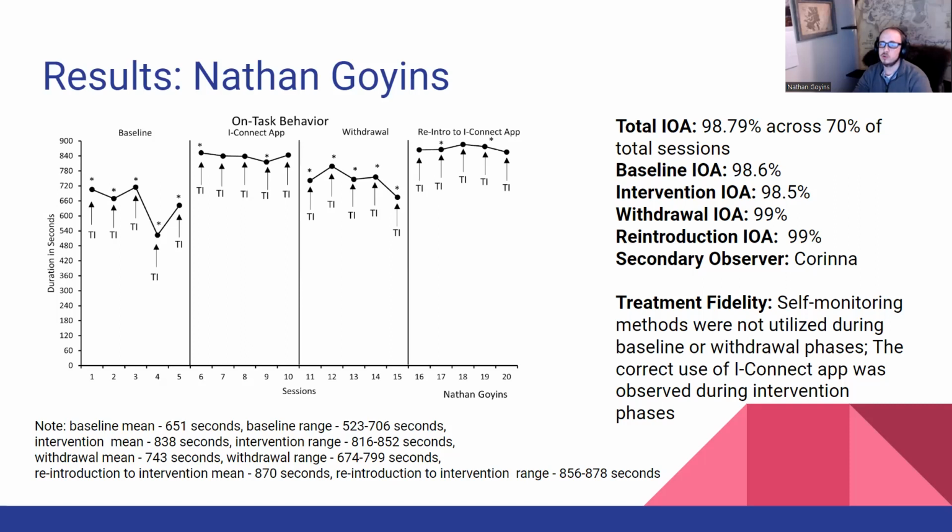When I went to withdrawal, my general average was higher at 743 seconds of on-task behavior, but still lower than any intervention phase. And then when I took my reintroduction to intervention, I had an average of 870 seconds.